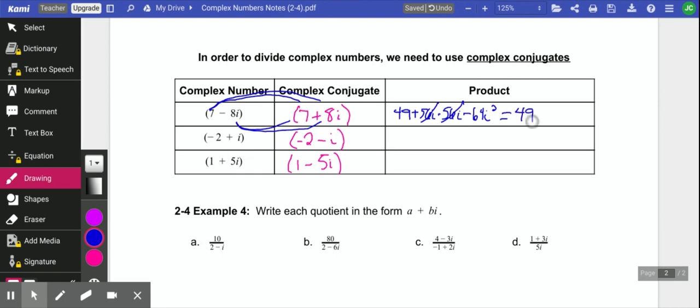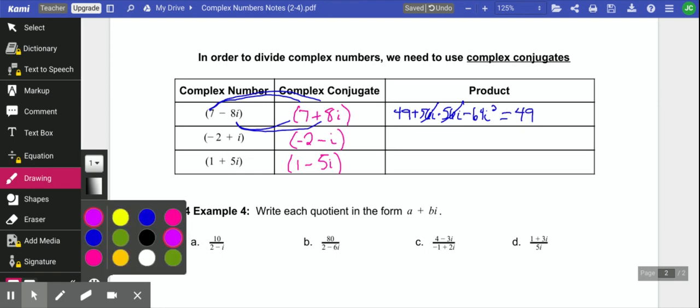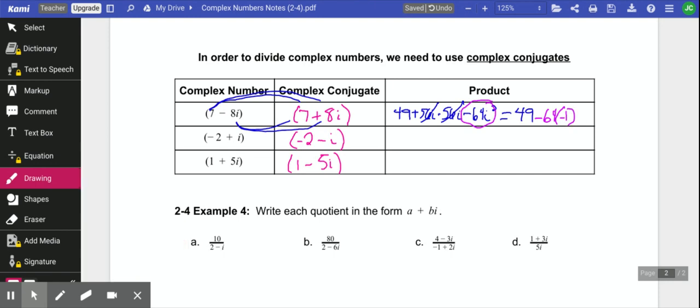So we end up with 49 and this part right here is negative 64 times negative 1. So then we end up with 49 plus 64. And 49 plus 64 is 113. So we have multiplied two complex numbers and we got a real number.